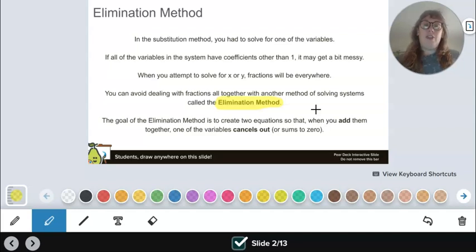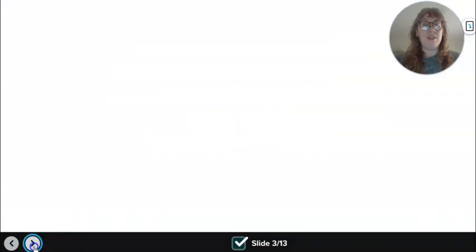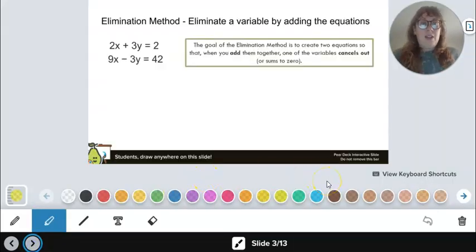The goal of the elimination method is to create two equations so that when you add them together, one of the variables is going to cancel out or add to 0. Push ahead to slide 3. So here's the two equations we have here.